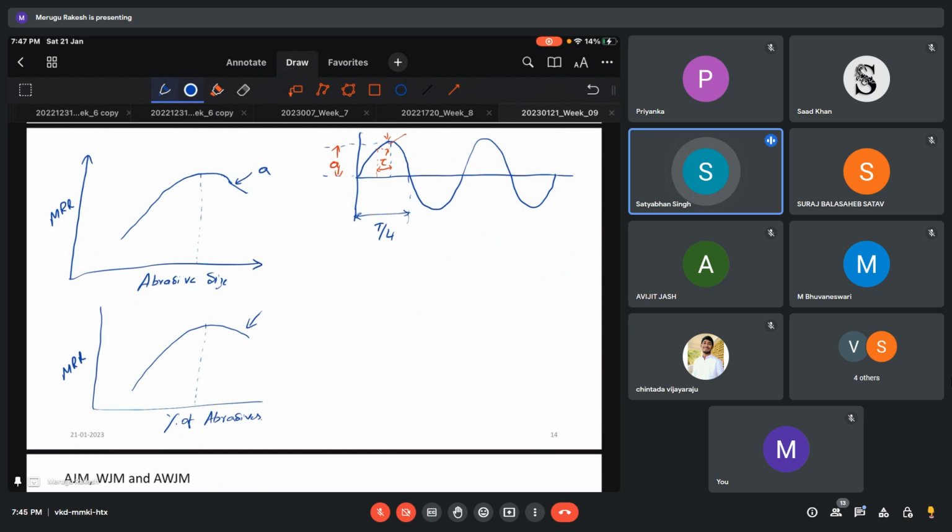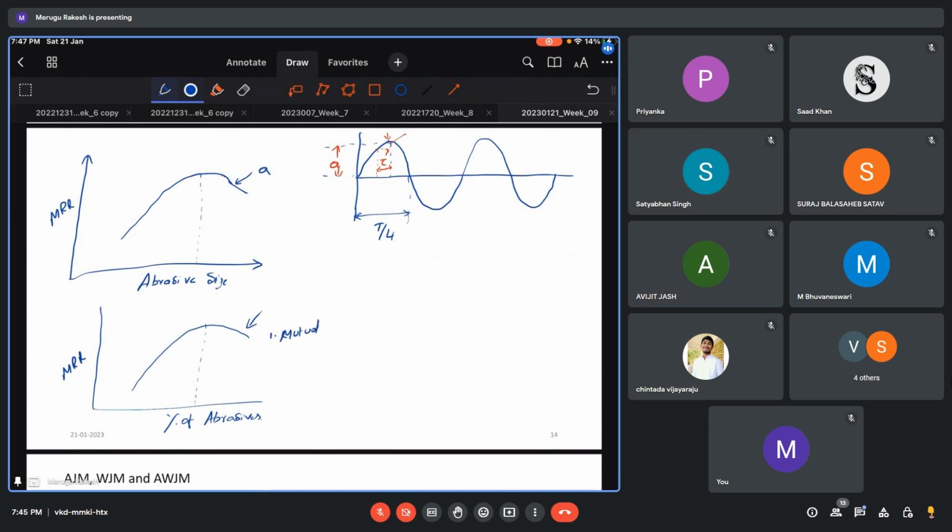So cross grain collision will be the most important factor after some time. So we can call it mutual collision. There will be a collision between the particles themselves. So the momentum will get lost in that process. So after a certain limit, there will be a drop in MRR.